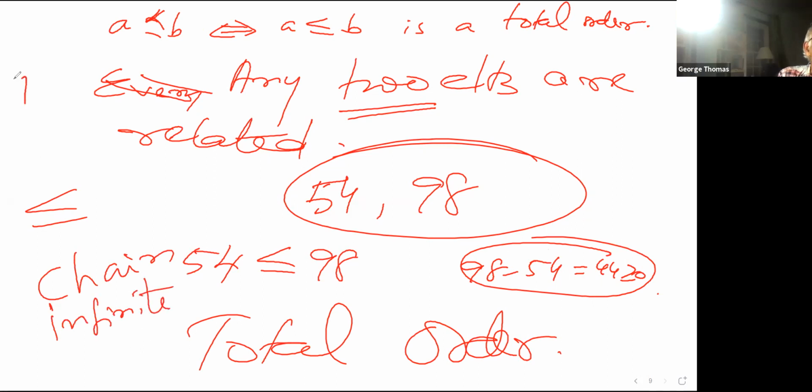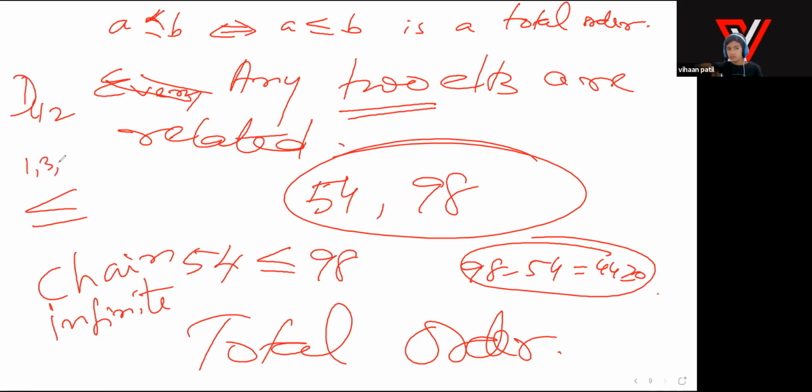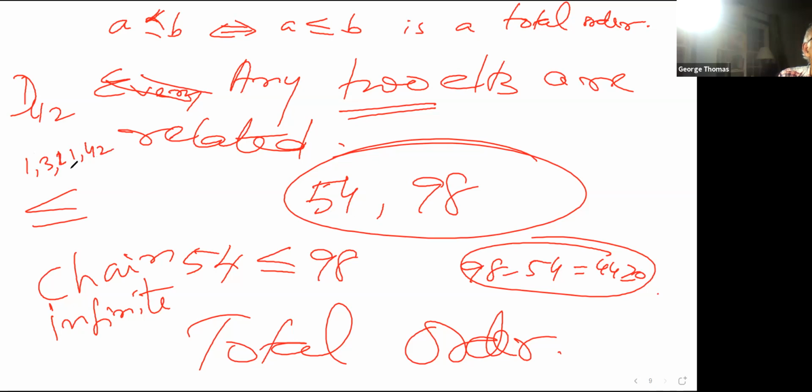In the case of D42, we picked a small chain from it, 1, 3, 14, 21, 42. But in the case of the natural numbers, the whole set is the chain.